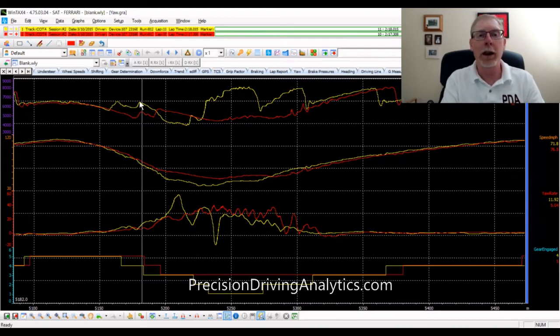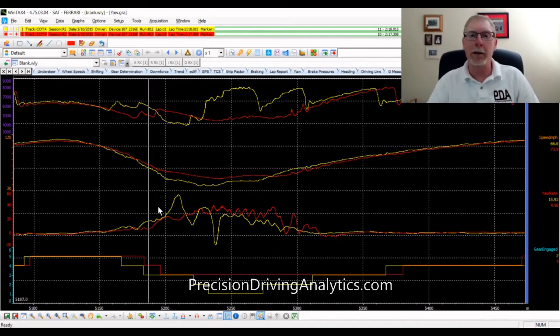But again, you can see how the RPMs came up. But more importantly, you can see how the yaw rate has increased. So here's from fifth to fourth, you can see how the yaw rate increased a little bit. And here's from fourth to third, how the yaw rate has really increased. So at this point, the driver's fighting the back end, and he's basically just blown this corner.